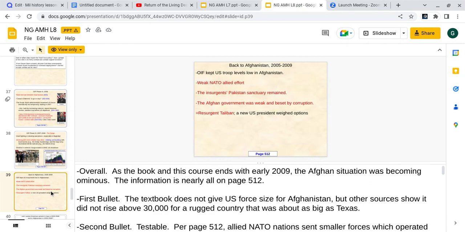Understand that when we go back to Afghanistan between 2005 and 2009, we had a weak NATO allied effort. Also, the insurgents' Pakistan sanctuaries remained there, hiding all the Taliban, which was a huge challenge. The Afghan government was weak and also filled with corruption, which was another huge challenge to fight against. And there was a resurgent Taliban, right?